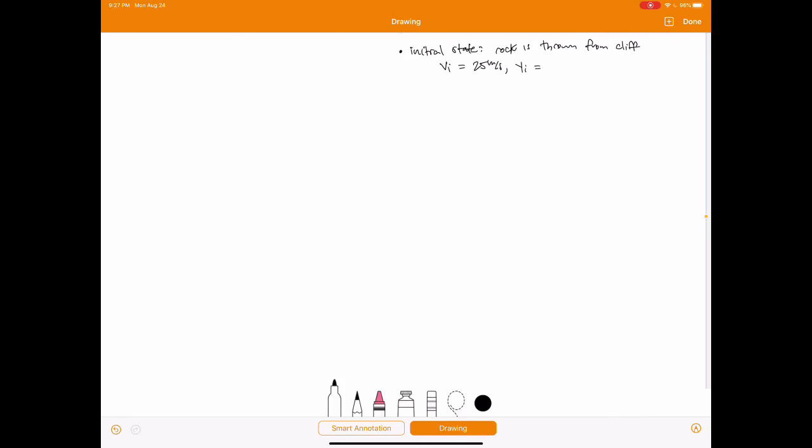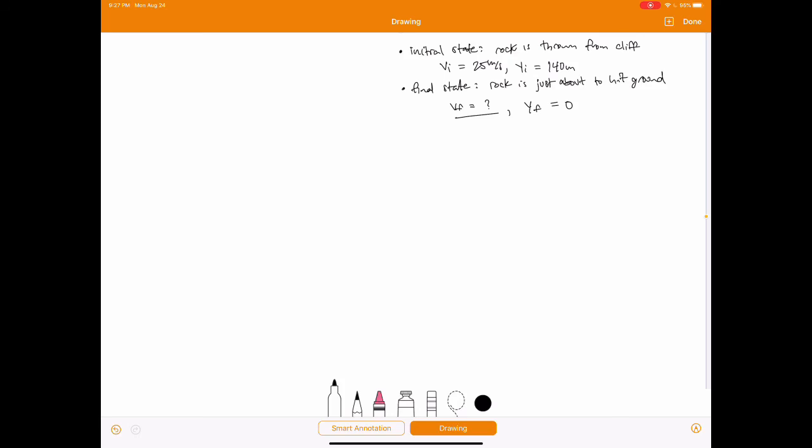We know the initial height is 140 meters. Then in the final state, this is when the rock is just about to hit the ground. We don't know the final speed. That's what we want to find in this problem. But we do know the final height, which would be 0.